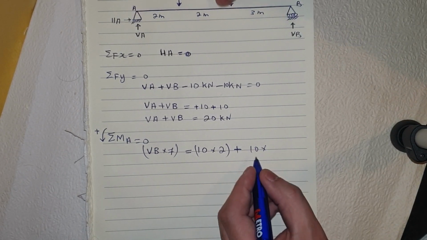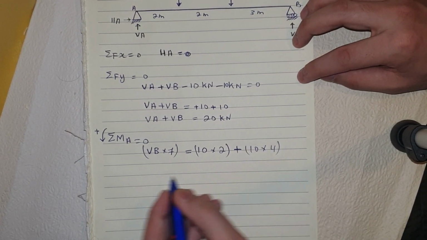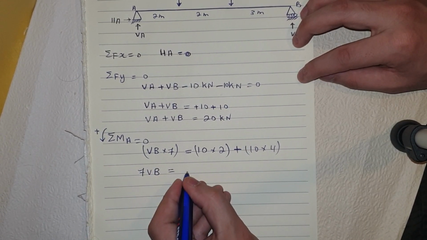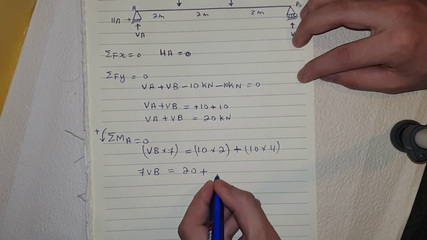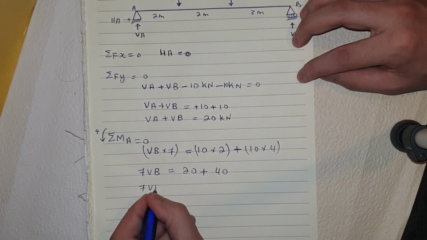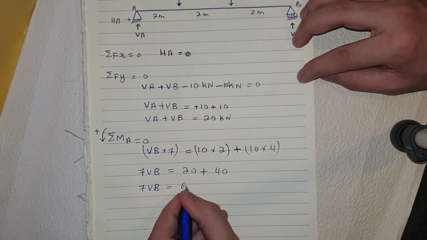So 7 VB is equal to 10 times 2 is 20 plus 4 times 10 is 40. So 7 VB will be equal to 60.